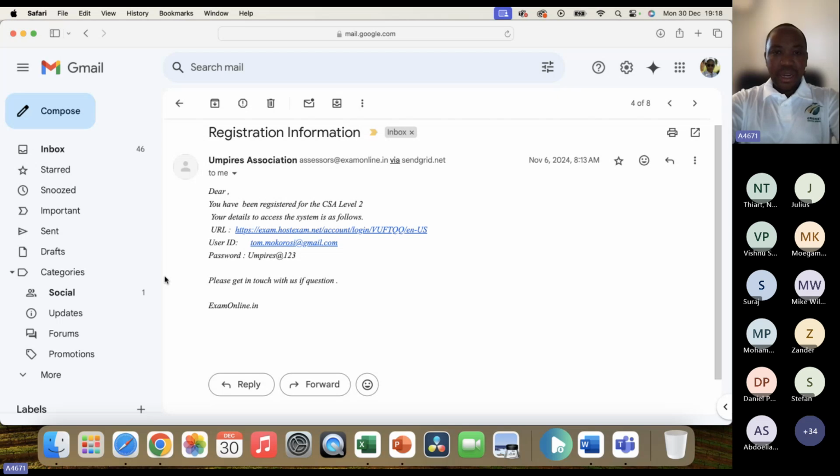Google Chrome is the recommended browser for the exam. If you don't have Google Chrome, I would suggest downloading it before your exam date. I first tried the exam website using Safari, which is my default browser on my MacBook, and Safari didn't work.